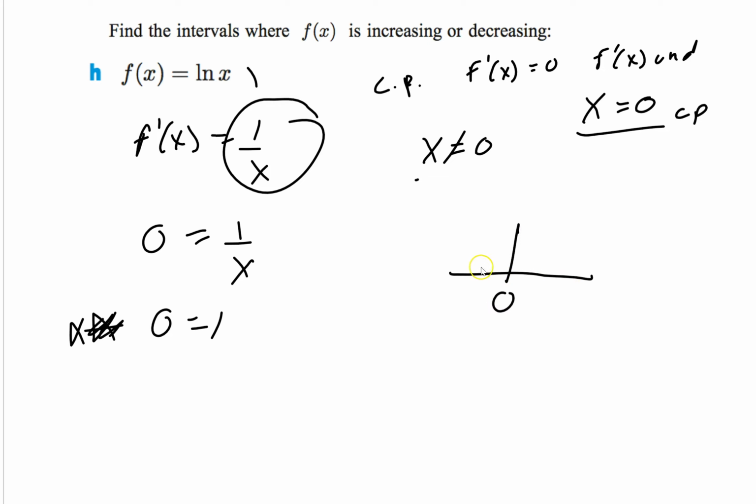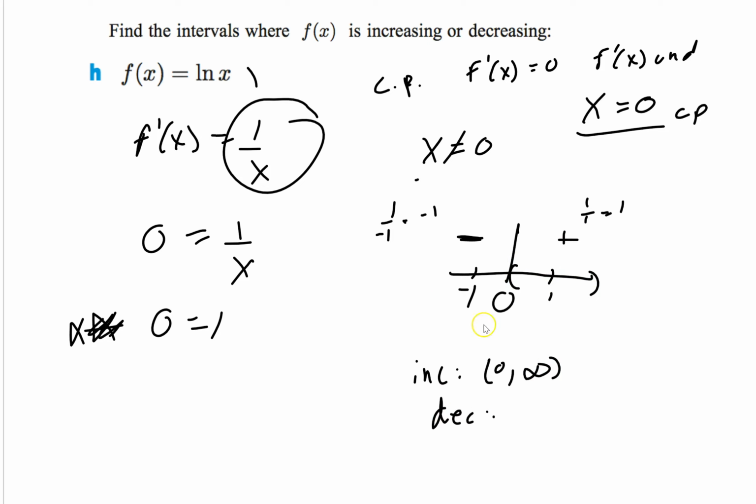Pick a point below it, like -1. Plug in -1 here, I get 1 over -1, which is -1. Pick a point above it like 1, plug it in, I get 1 over 1, which is 1, so it's positive. And there you go. You're increasing from 0 to infinity, and you're decreasing from -infinity to 0.